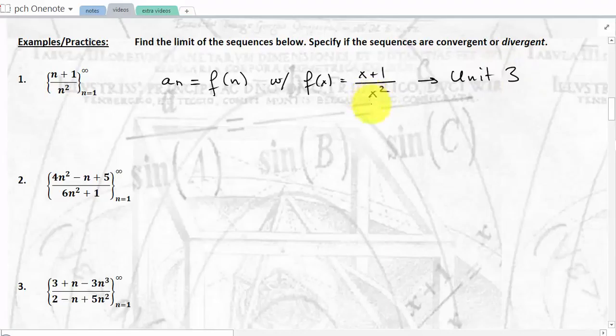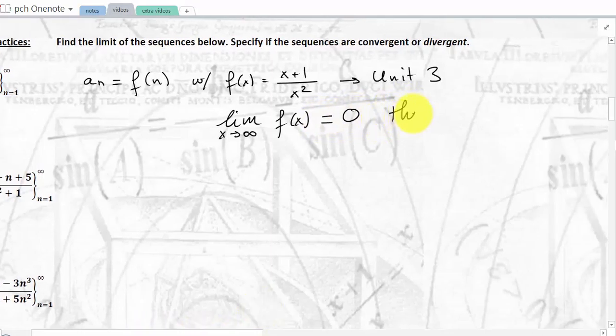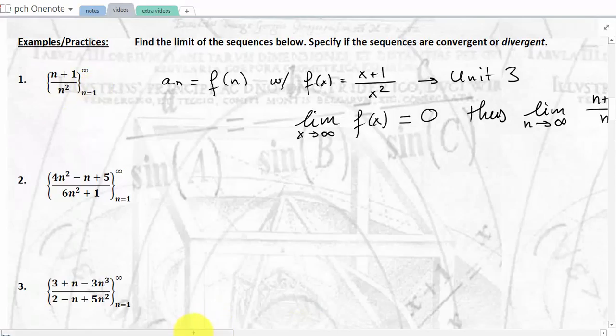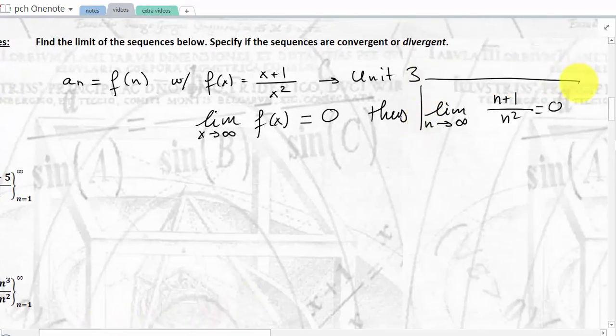We talked about asymptotes in this case, and we said that the limit as x approaches infinity of f(x), okay, this is a bottom-heavy function. Well, that limit is going to be 0. Therefore, thus, the limit as n approaches infinity of (n + 1) over n squared is also equal to 0.